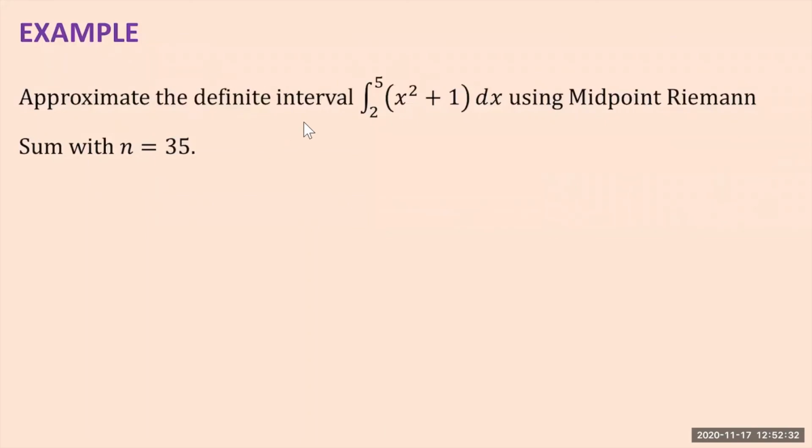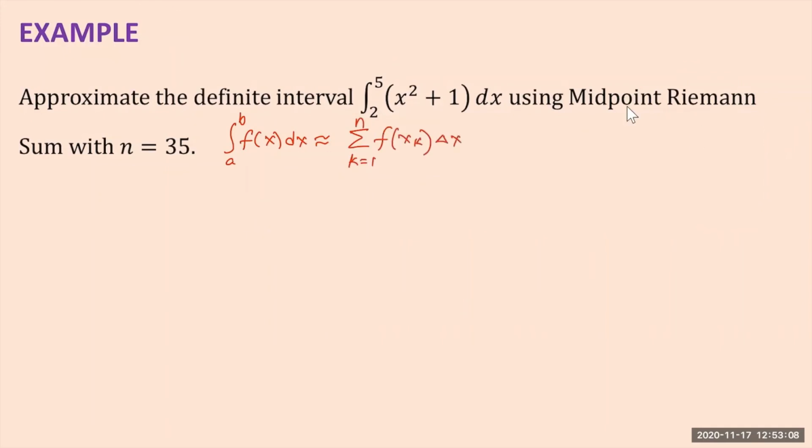Example: approximate the definite integral from 2 through 5 of x squared plus 1 dx using the midpoint Riemann sum with n equal to 35. First, we need to recall the formula. If you want to approximate the integral from a through b of f of x dx, then it is approximately equal to the summation k equals 1 through n of f of xk delta x.